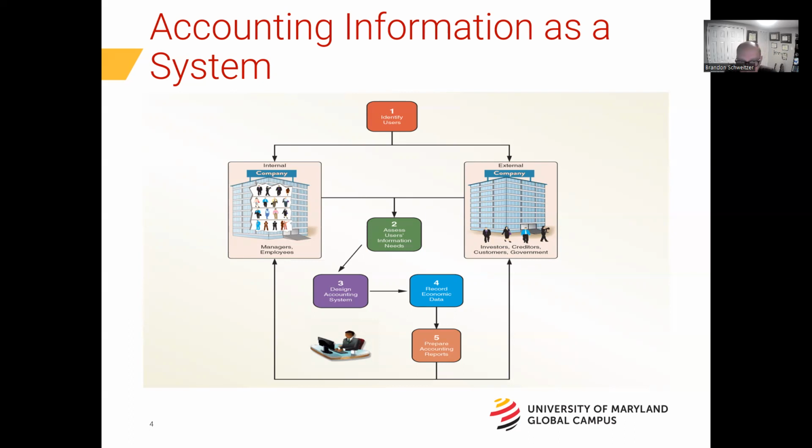We don't typically keep redesigning the accounting system throughout the accounting cycle, but we do ensure that the accounting system maintains its integrity. And that's something we'll talk about in later conversations. But this is just a very general design of an accounting information system and how information flows. So it really is through the 5-step process that we develop accounting information systems.